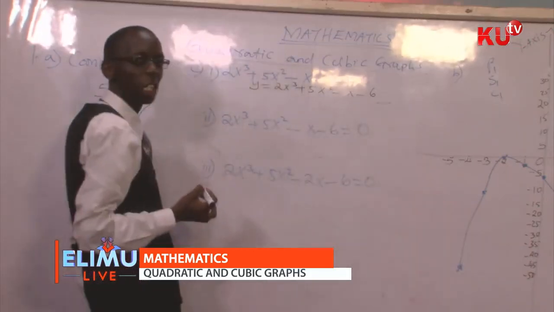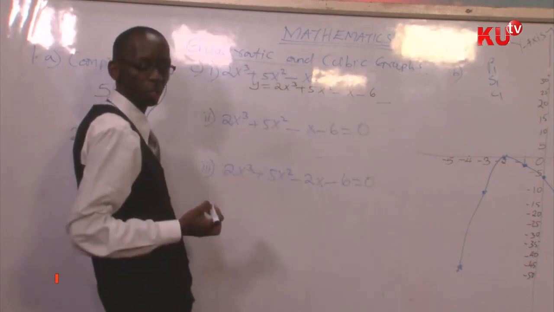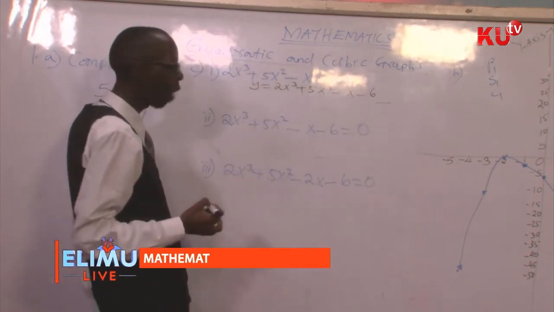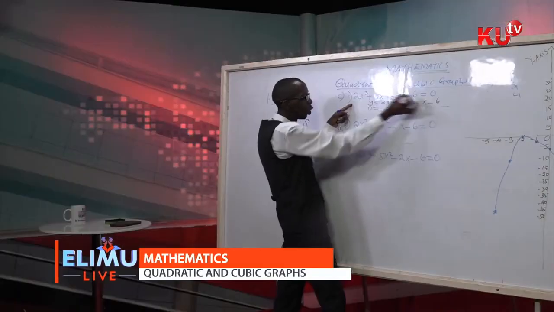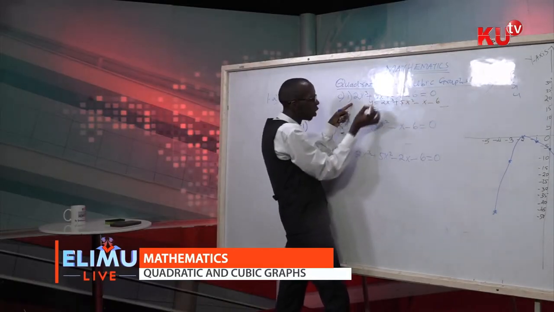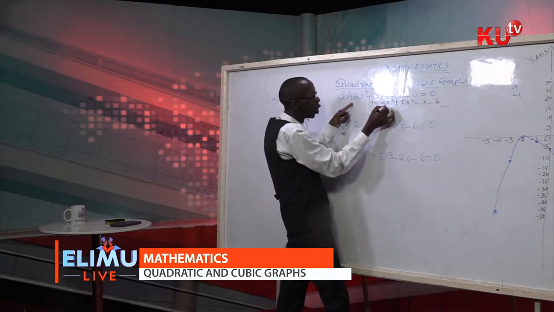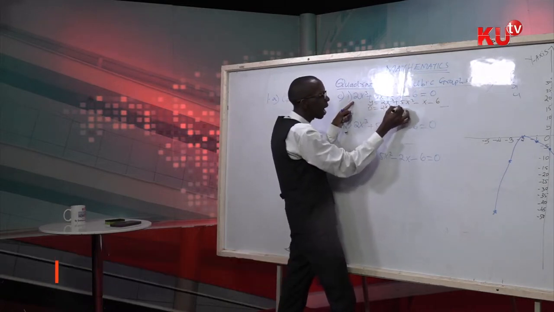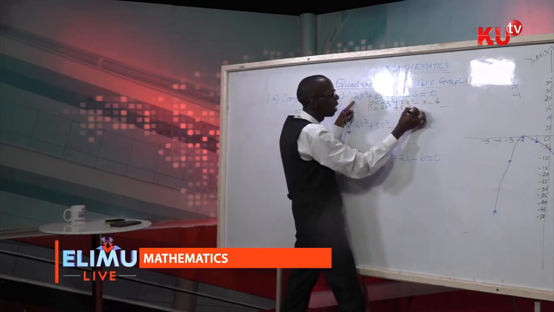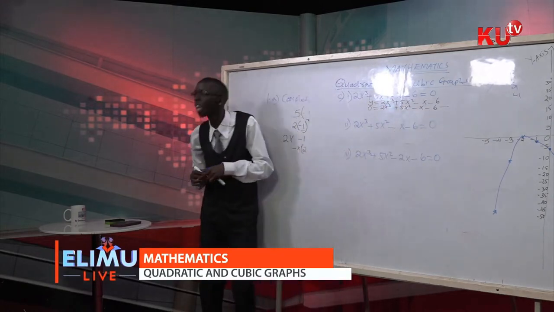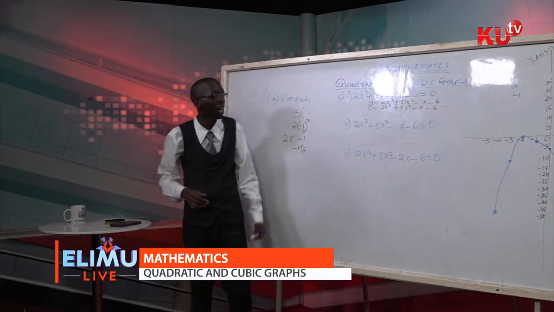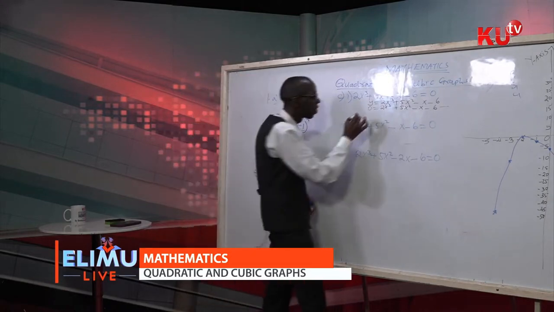Therefore, you will take the equation of the graph and subtract the equation that you are required to solve. You start with 0 is equal to 2x cubed plus 5x squared minus x minus 6.